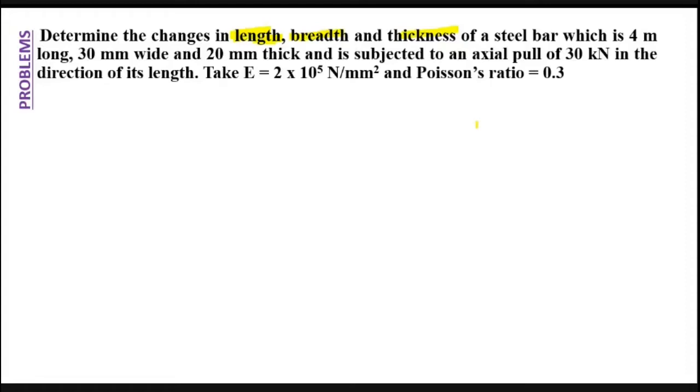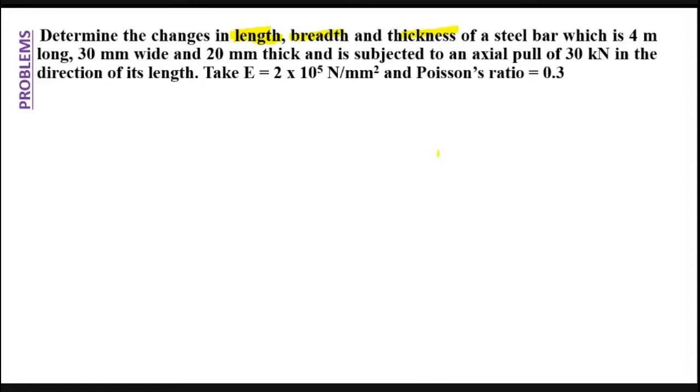So breadth is 1 dimension, thickness is another dimension around the z-axis. Most of the problems we use are about this length. So we solve problems related to this, and we always go for the formula PL by AE, right? Now, they are asking you to identify the breadth and the thickness for the steel one, right?